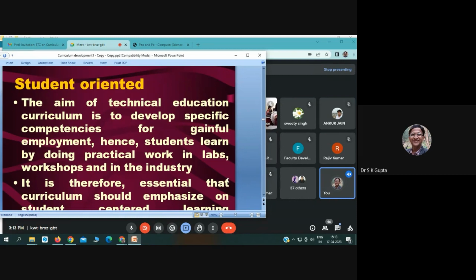When we design any program, we have to think about how our students are benefited. Sometimes when we hold workshops for designing a program, some teachers say that we do not want to change the contents of this subject.